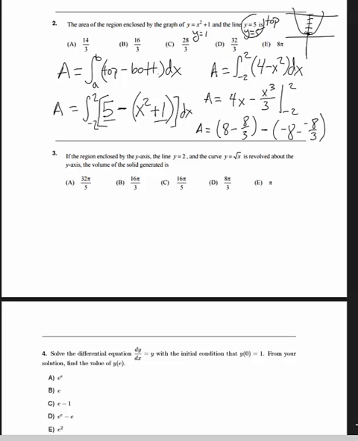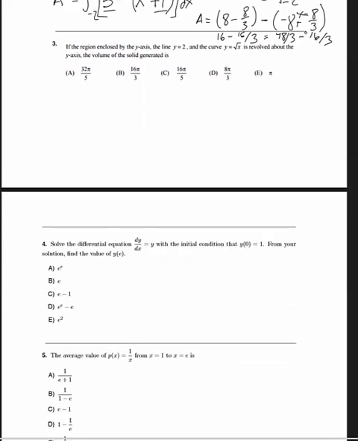And now it's just simplifying. 8 minus negative 8 is 16. Negative 8 thirds minus 8 thirds is negative 16 thirds. And that gives us 48 over 3 minus 16 over 3, which is 32 divided by 3.